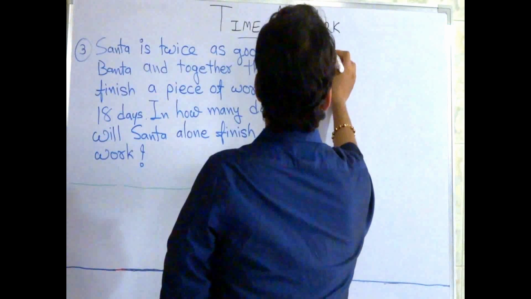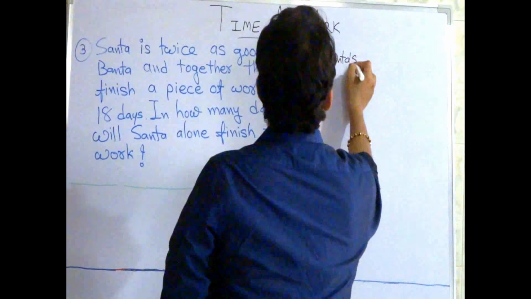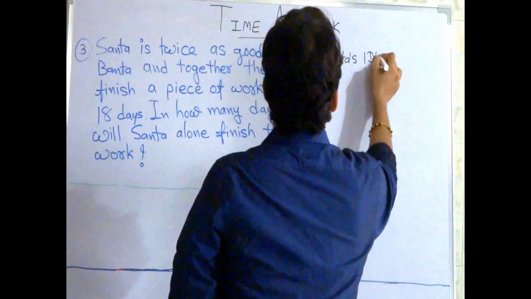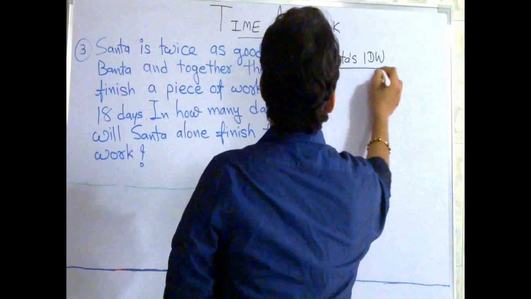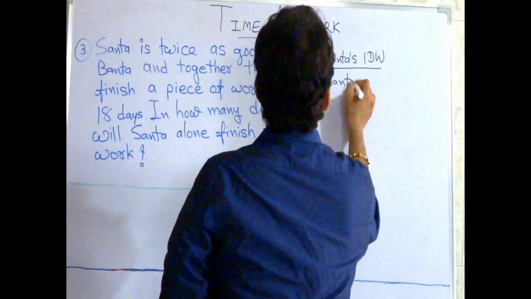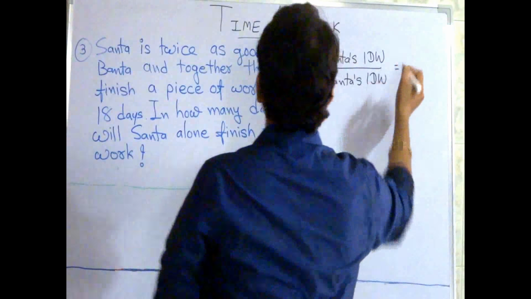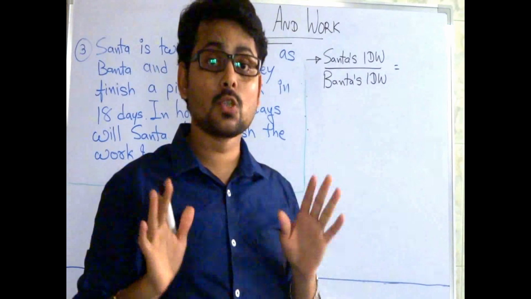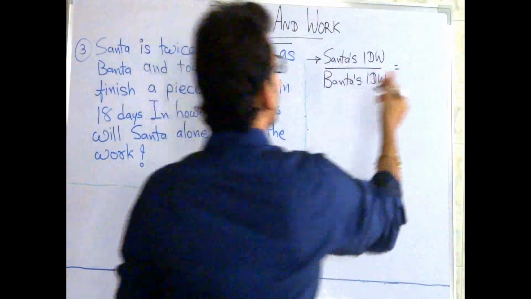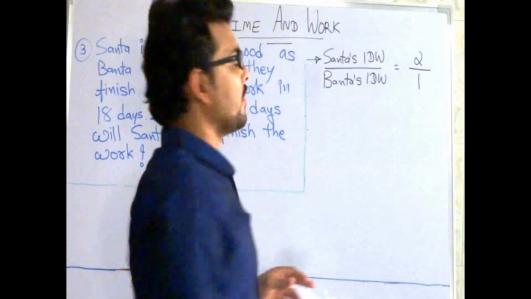So Santa's one day work divided by Banta's one day work is equal to twice as good. Santa is twice as good as Banta, so 2 and 1.